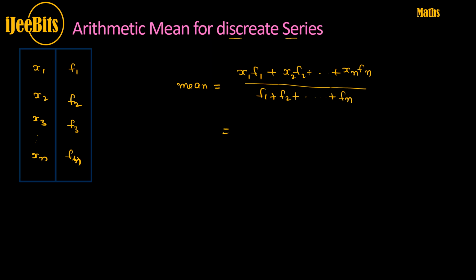So I can say sigma x f, i from 1 to n, divided by sigma f, i from 1 to n. Got it? This is how we can calculate the arithmetic mean for a discrete series. You're clear? Good.